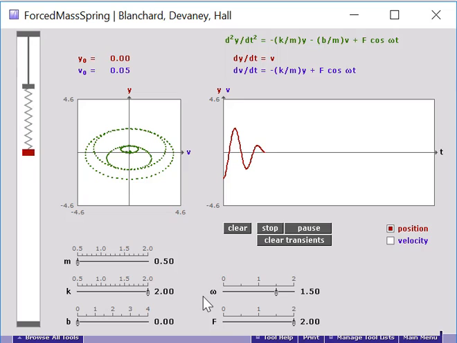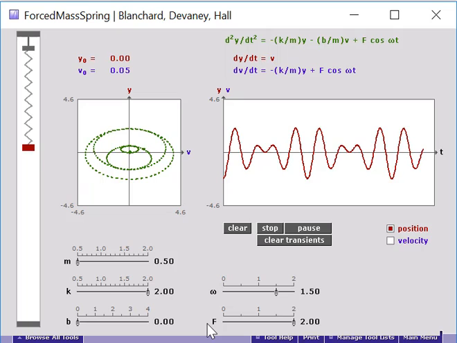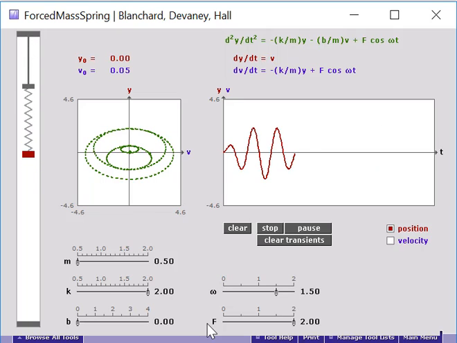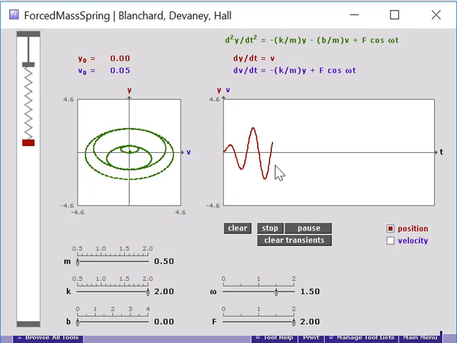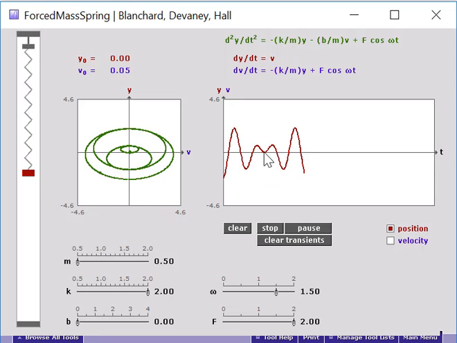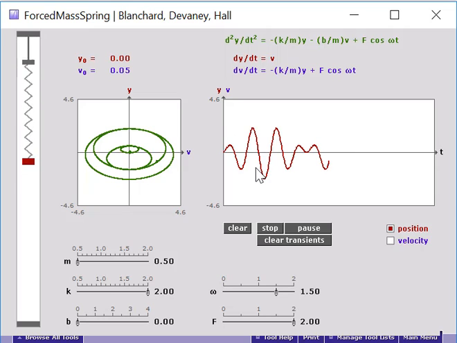Now the forcing frequency is 3/4 of the natural frequency. It's not quite the same, but it's closer. That just means that for a longer period of time, the spring and the force work together to produce a larger amplitude. The period of the beats and the amplitude are affected by that.